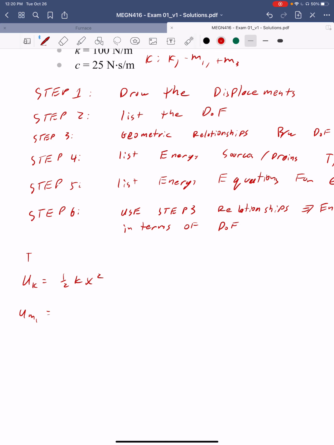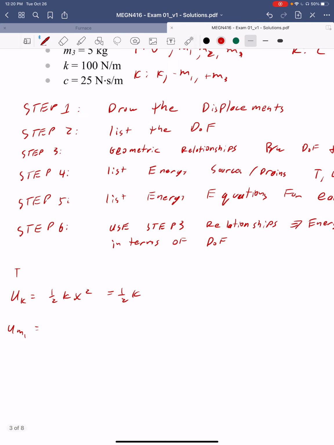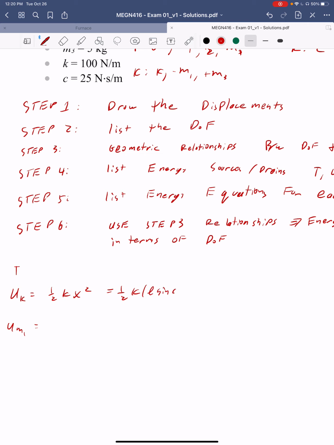So the potential energy is equal to 1/2 k, and then x is equal to L sine theta. That's squared. That's 1/2 k L squared sine squared theta. Okay. So now we have the energy, and we convert it into the relevant degree of freedom. Okay, that's a really big important step for the Lagrange method.